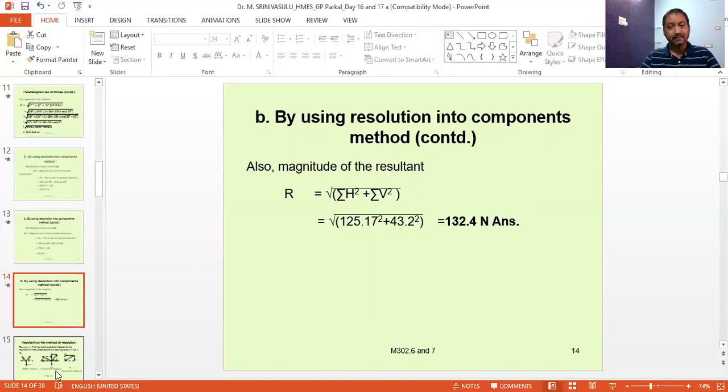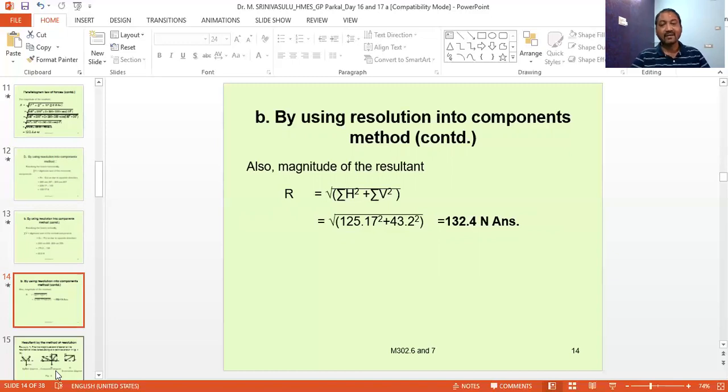So in this case, however, only to check by two methods, that is by parallelogram law of forces and by method of resolution of forces, we have taken two forces. So the resultant of these two forces can be found by parallelogram law of forces and also by method of resolution of forces.